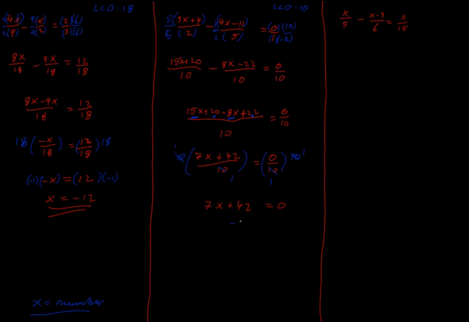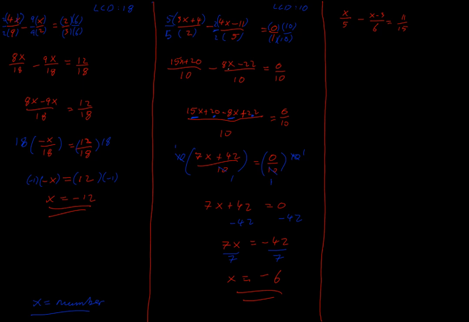Rearranging, subtract 42 from both sides, because I don't want any numbers on the left hand side, I only want x's. So minus 42. Divide both sides by 7, and I end up with x is equal to minus 6. And that is my final answer.